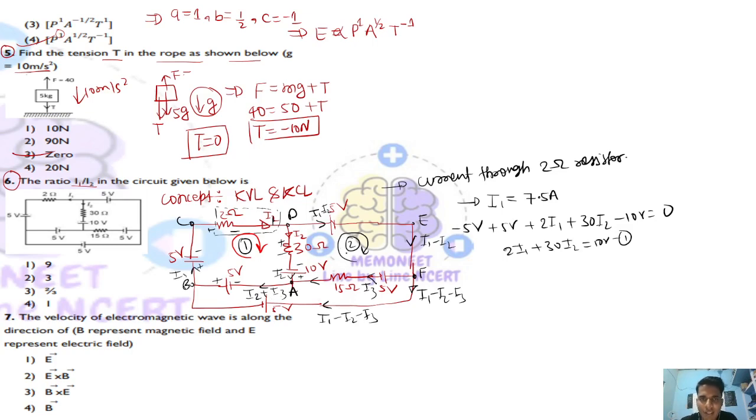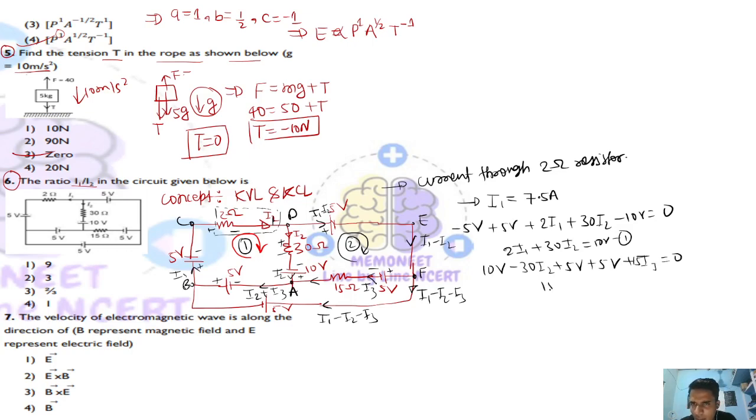Okay, when you solve this second one, in the second case, applying in the second loop, you can start from where? Let's start from A. From A, if we start, it's 10 volt, then it's minus 30 I2, and then moving here it's again 5 volt, then moving here, and then moving here it's again 5 volt, and then it becomes 15 I3 equals to 0.